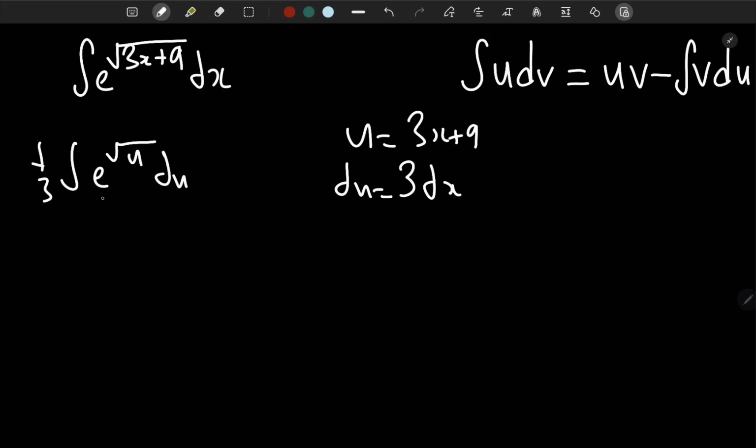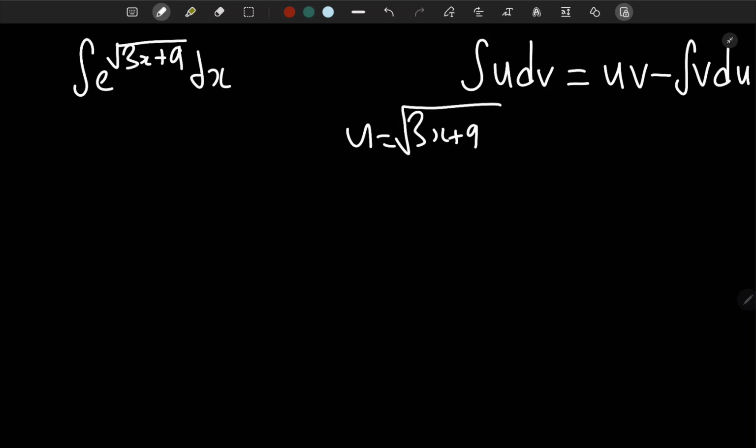We cannot integrate this, to be honest, because we don't know how. There is a power on u here, so we need to choose u as something else. If we choose u to be the radical of 3x plus 9, this entire thing will become e to the power of u, and we know how to integrate e to the power of u, right? So let's choose u as this part over here.